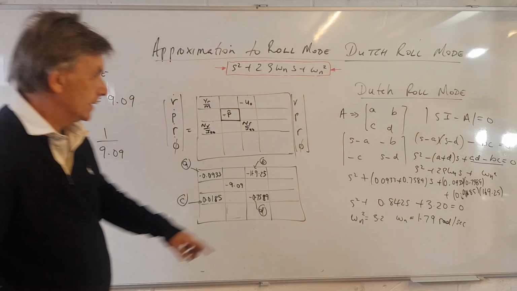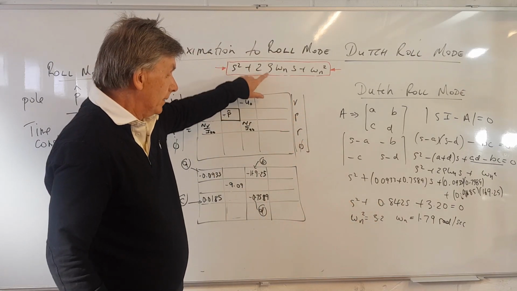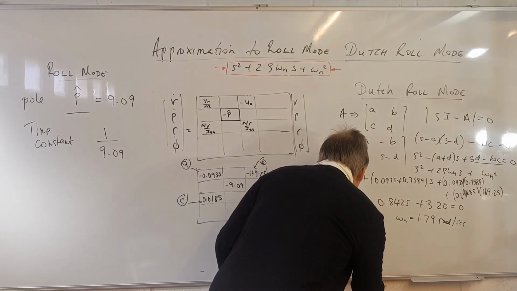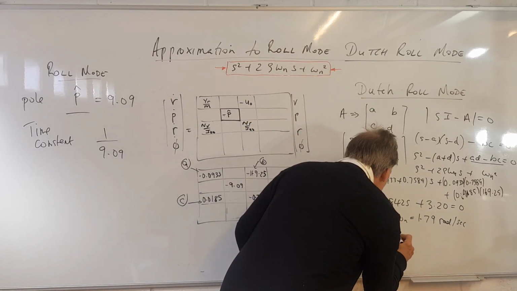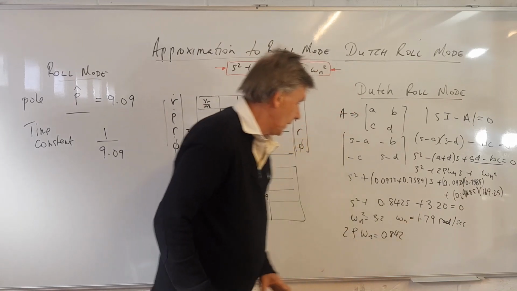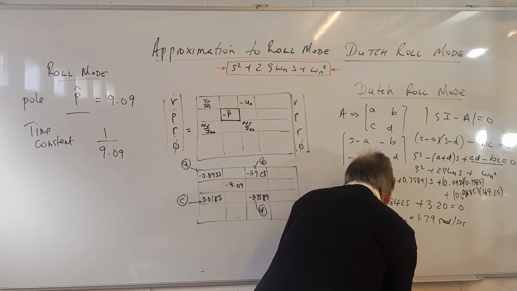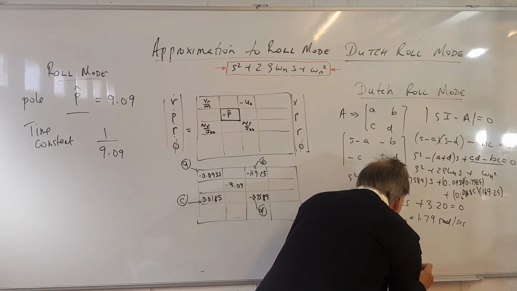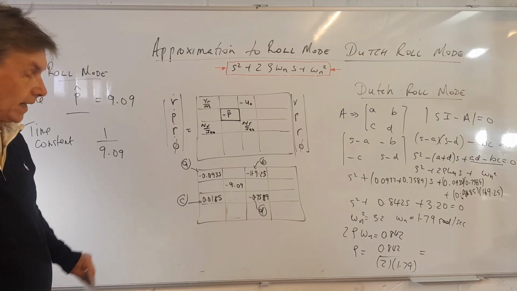Then the 0.842 term is equal to 2 zeta omega n. I know what omega n is, so the damping ratio is equal to 0.842 over 2 times 1.79, which comes out as 0.23.